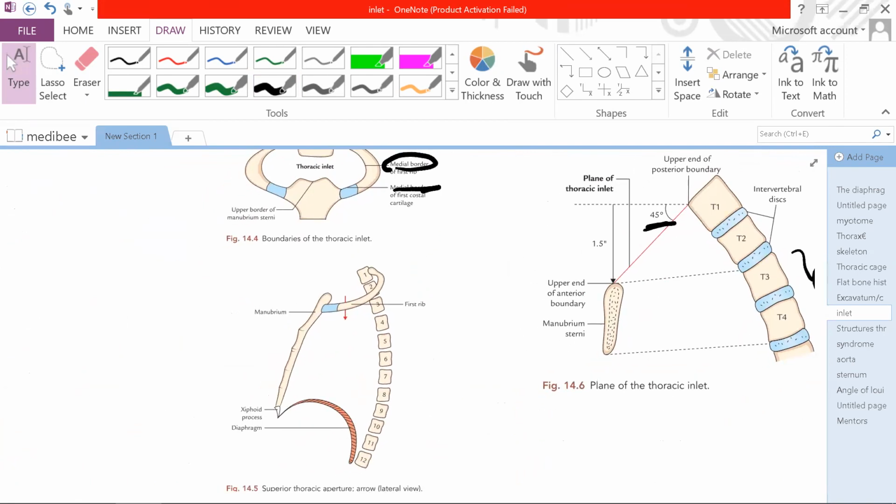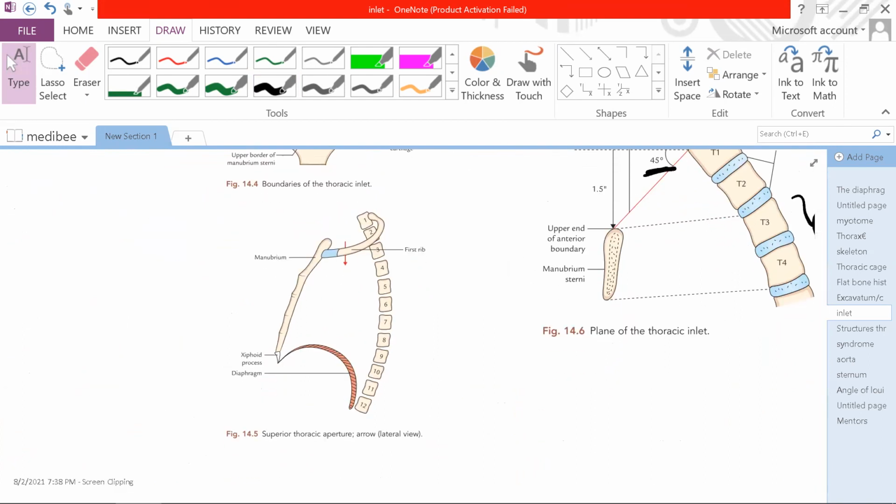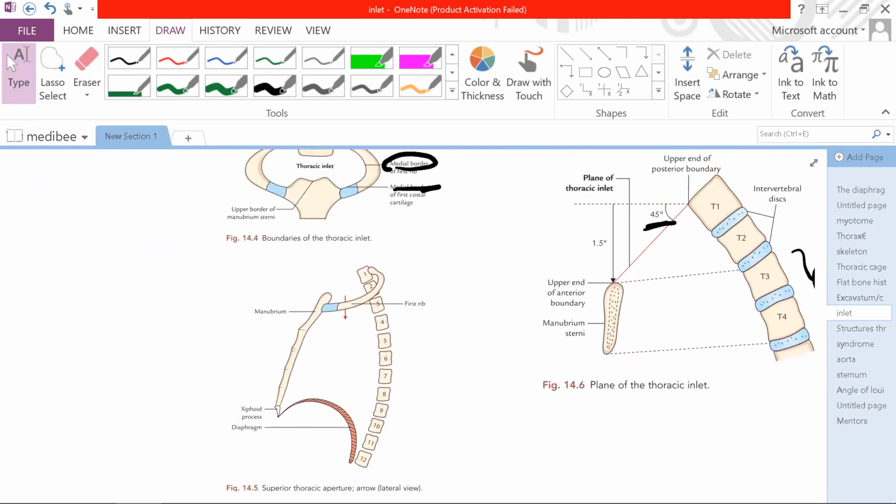Why were we reading about the thoracic inlet? The main thing is the structures entering inside it, but you may also get a viva question. This is how viva works. The teacher will say, tell me the boundaries of the thoracic inlet.